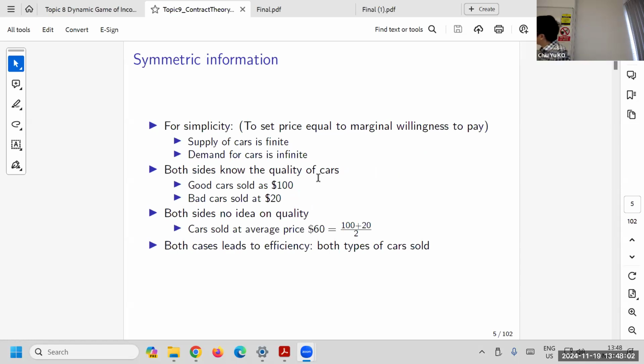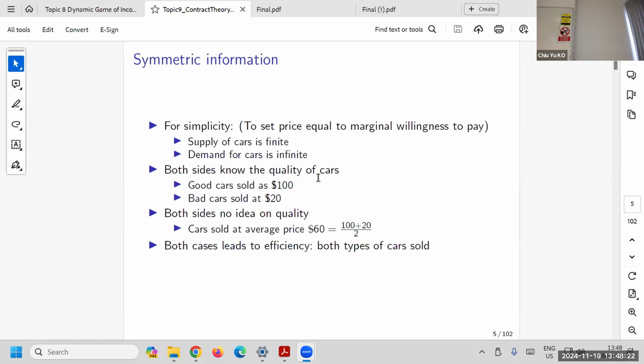And that is not a problem even if both sides don't know the value of the car. In this case, to make it simple, make the supply of cars finite and demand for cars infinite.